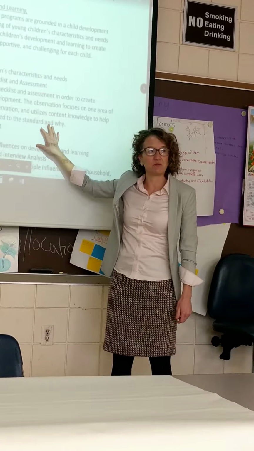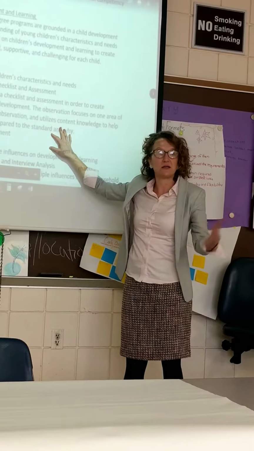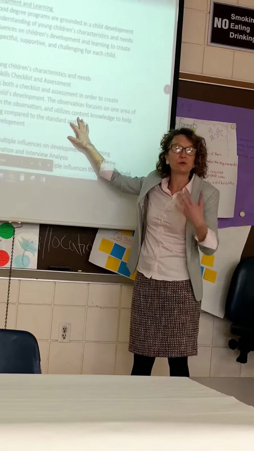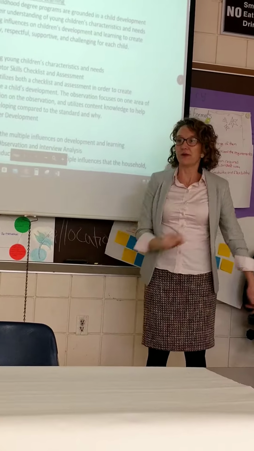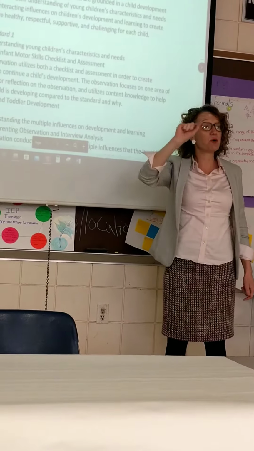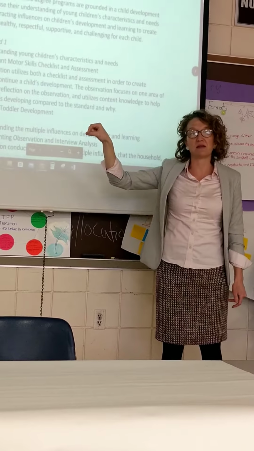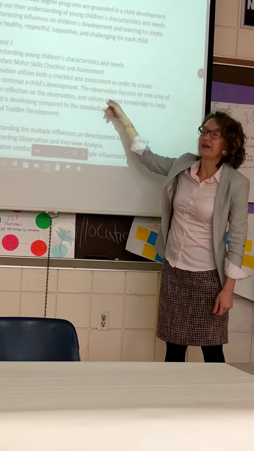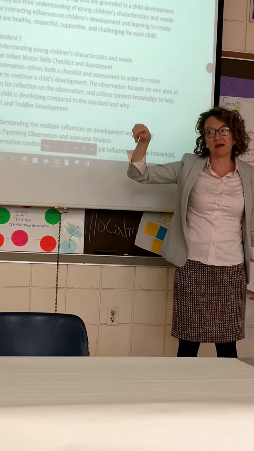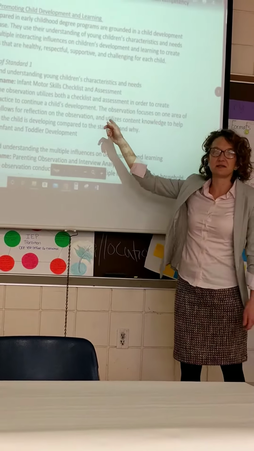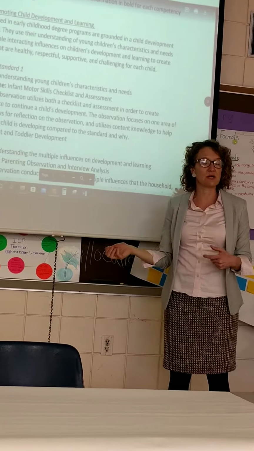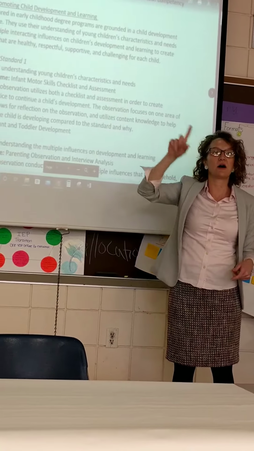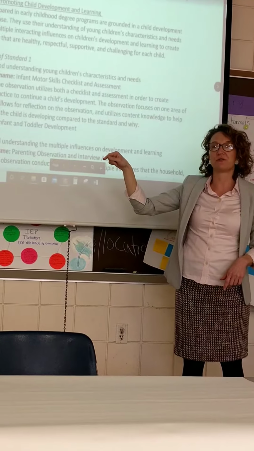So that's why it's important for you guys to be organizing your assignments as you go through the program. Somebody yesterday suggested that when they save their assignments, they put the standard name in their assignment that they use. So they're like infant and toddler observation 1A, and they know that that 1A means standard 1A. I had another student who at the end of each class would go through their assignments and copy them into a Google Drive folder for those standards.